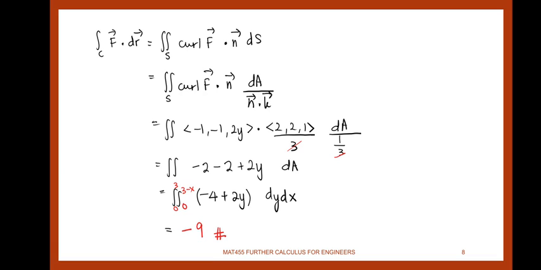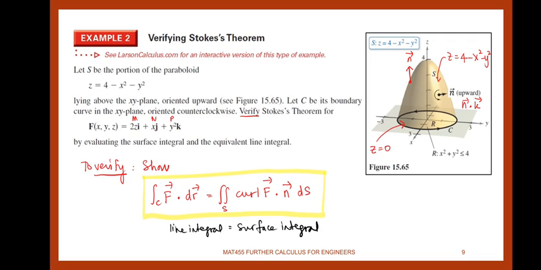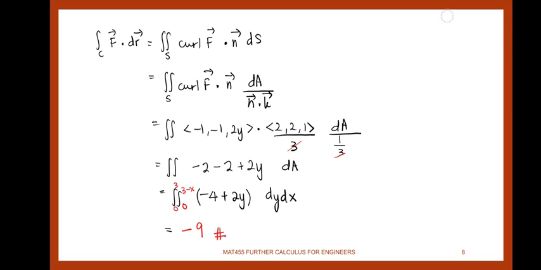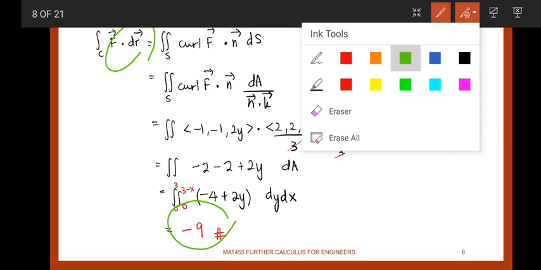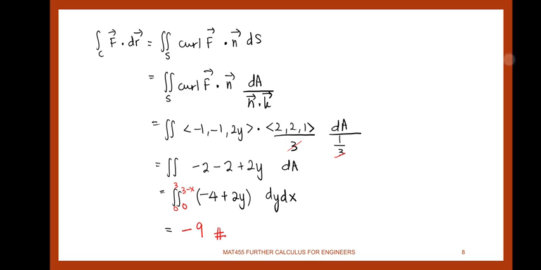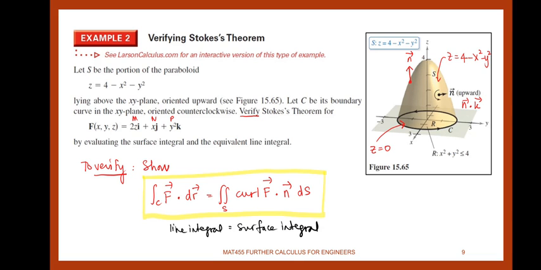So for your information, if you find using the line integral, you should still get the same answer, which is negative 9, okay? So let's look at example number 2. Let's continue in the next part.